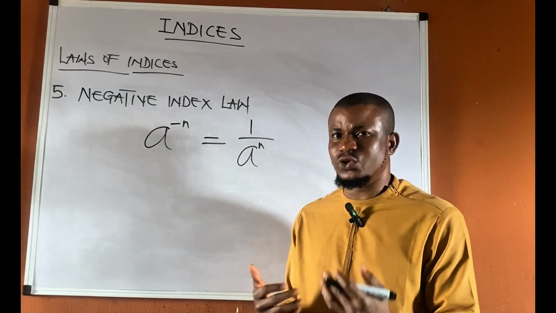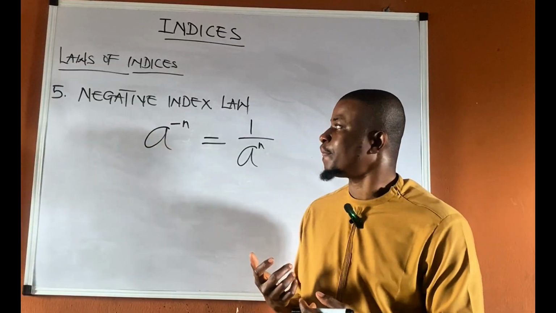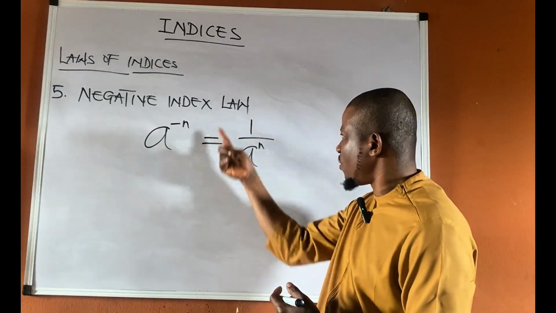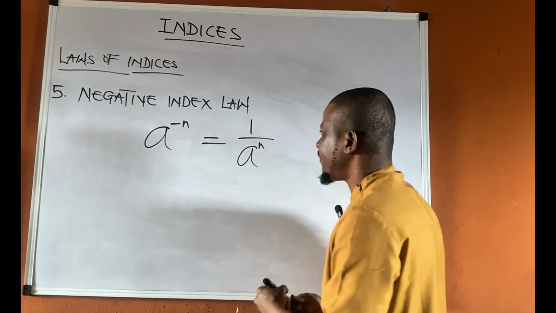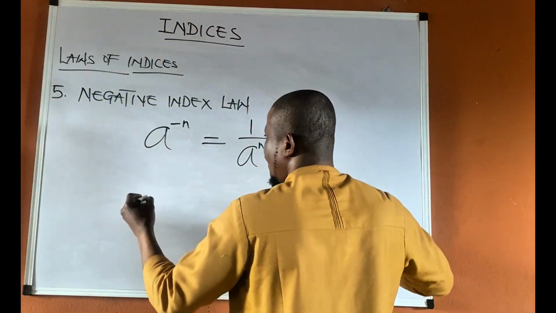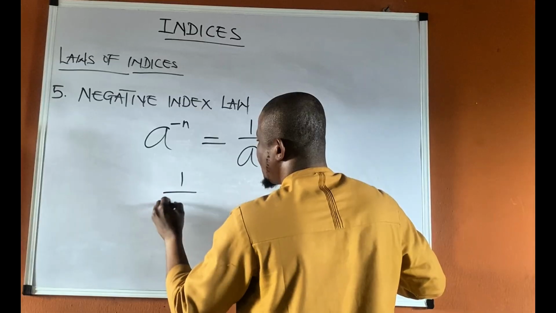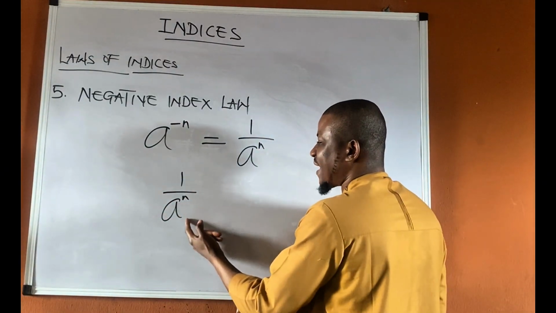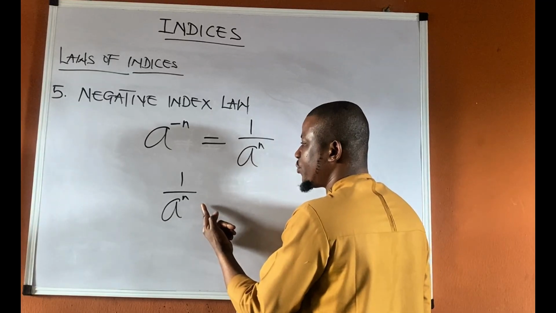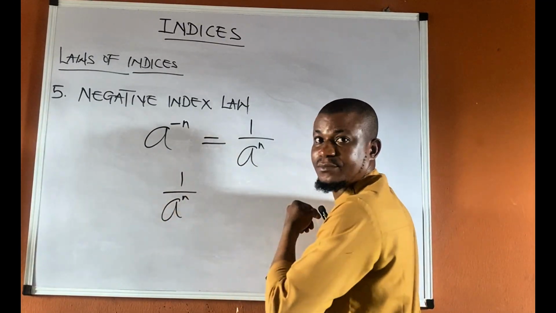Let's give a little proof to show that this is really true. I'm going to prove this from the right hand side to see the left hand side. From the right hand side, I have 1 over a to power n. Let me see if I can prove this to be this.